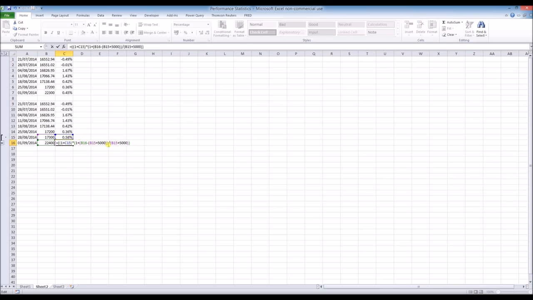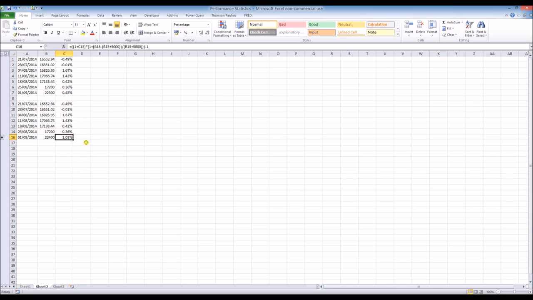You need to make sure you've got these brackets displayed correctly as well, and then close the whole equation with another bracket and minus 1, and that should give you a return for the period from the 25th of August to the 1st of September, the standard weekly reporting period that you want to record, by taking account of the returns midweek and then midweek to end of week and compounding them. So we get a return of 1.03%.